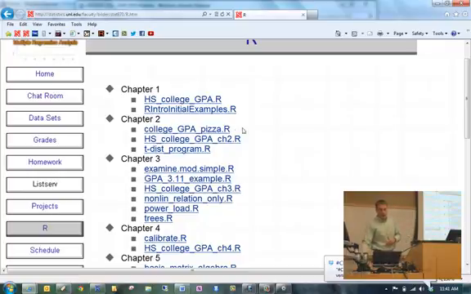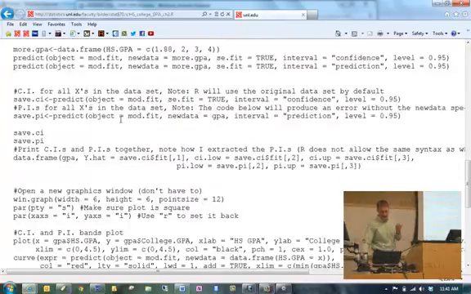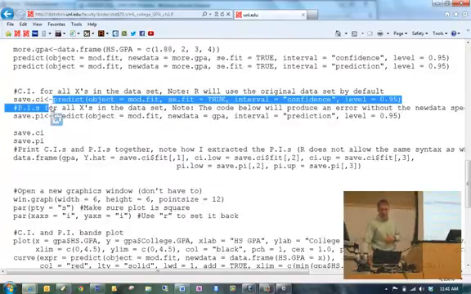So I bet it's this high school college GPA Chapter 2.R program that contains the actual code for that. I can see how Chris did it in class. Ah, there we go. Then copy and paste it into your program, make the necessary changes for your data set, and there you go. So you need to have some familiarity. If you're spending 5 or 10 minutes looking through all my programs trying to figure out how to do something, then you're not as familiar with the programs as you should be.